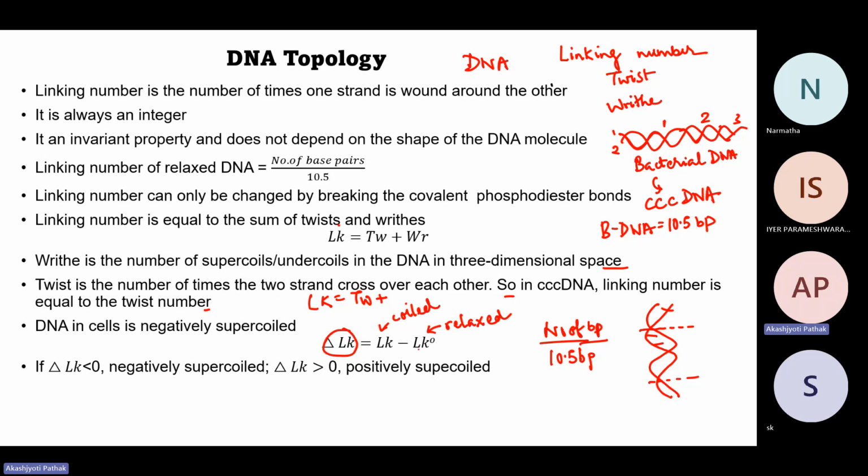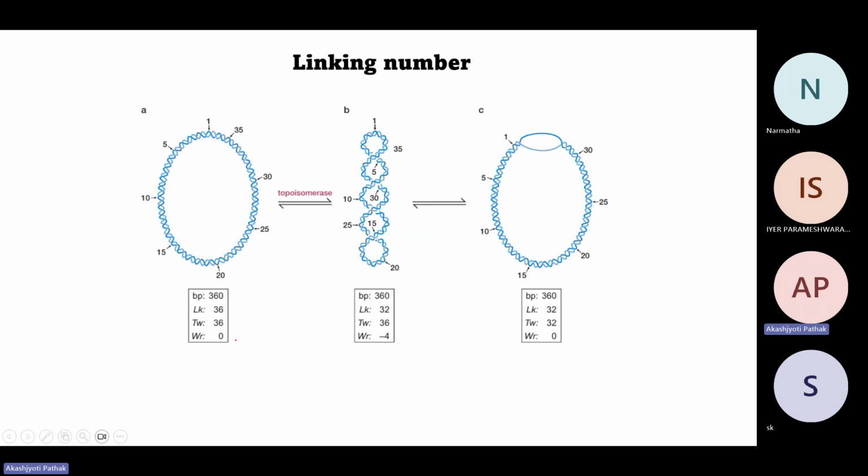If this value comes out to be positive, then we say that the DNA is positively supercoiled, and if this value comes out to be negative, we say it is negatively supercoiled. Okay.